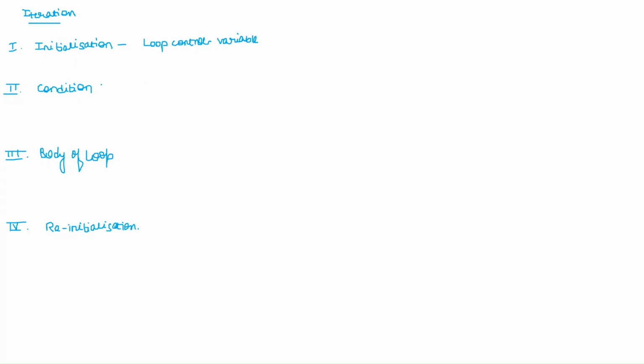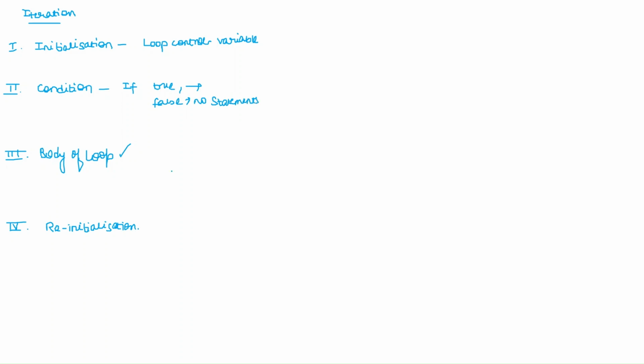Condition, this is one of the most important parts of an iteration. If this condition that we put is true, only then the iteration would go to the body of the loop and this will get executed. If it is false, then no statements would be executed and the loop will break.